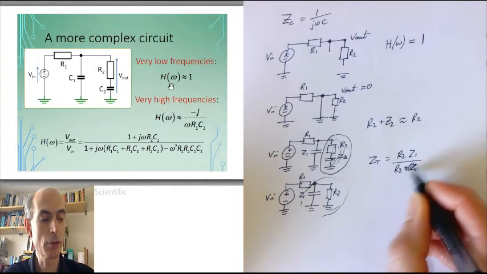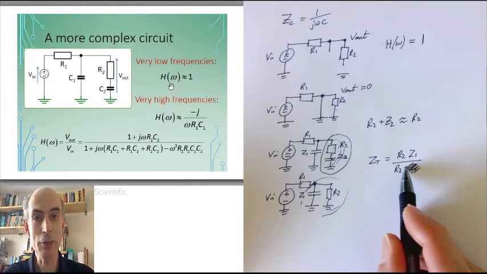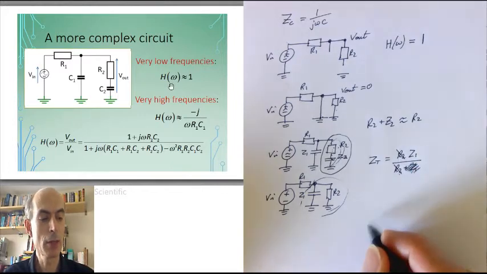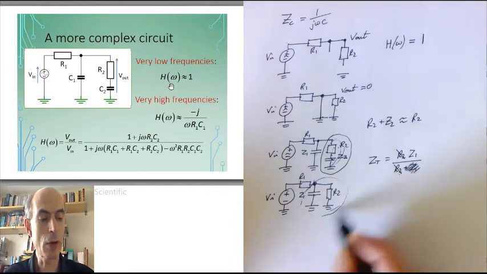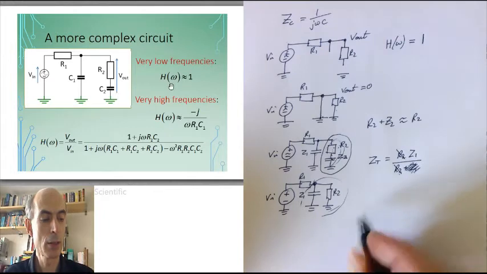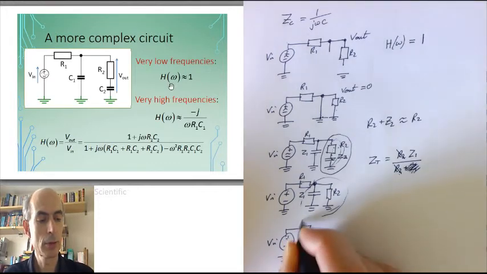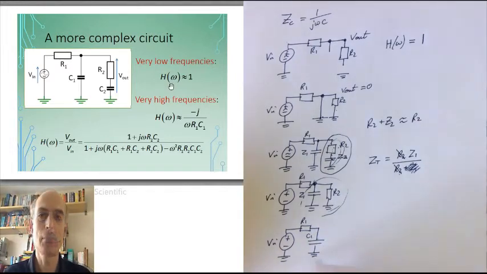I can neglect that plus Z1, in other words. Having done that approximation, I can eliminate R2 in this equation and derive that the total impedance of this parallel network here is just equal to the impedance of this capacitor. So I can approximate my circuit at high frequencies as just R1 and C1. And we know how to analyse that one because we've done it before.